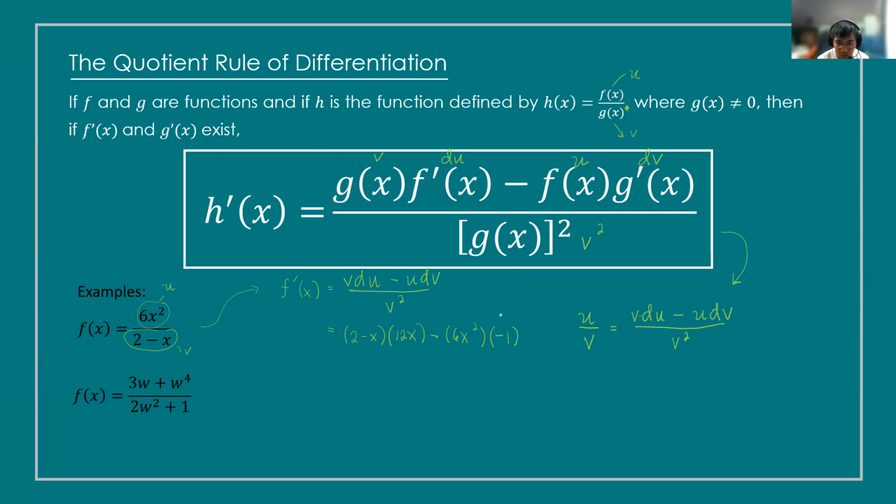Again, this is coming from negative x to the power of 0. Divided by v squared, that would be 2 minus x squared.